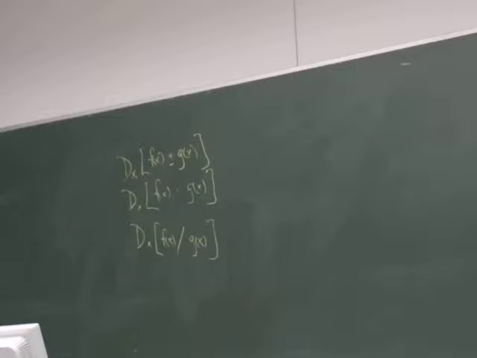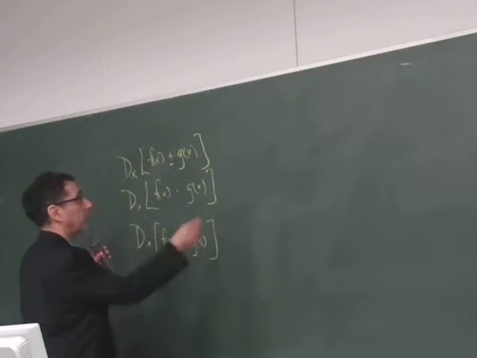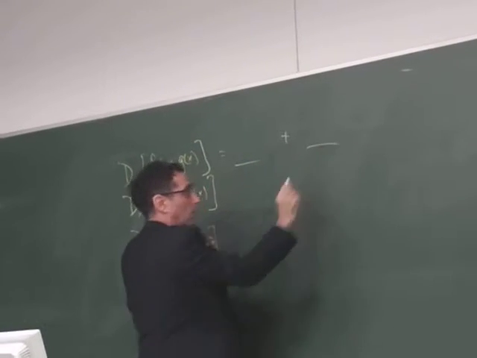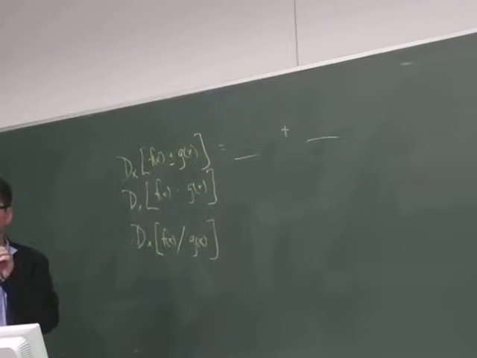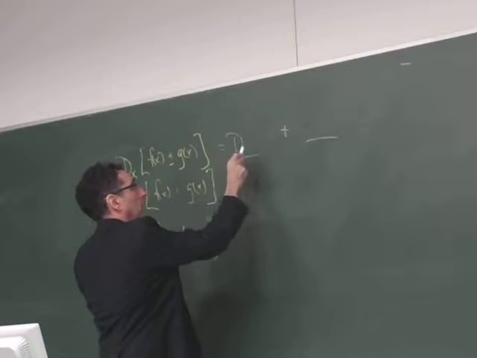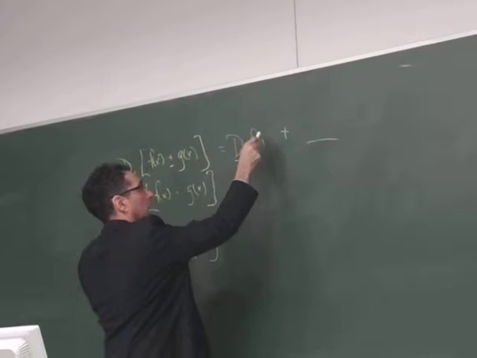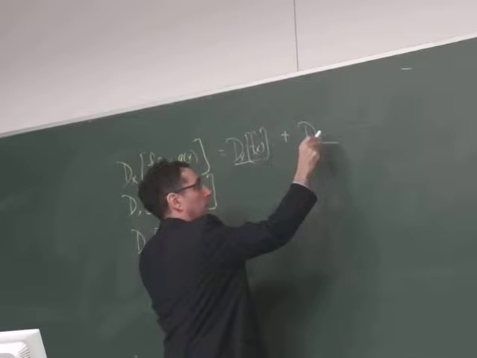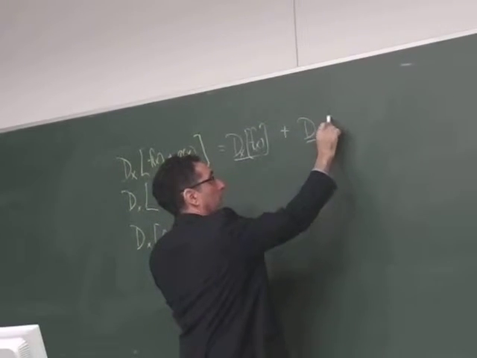What's the first rule? What goes in each place? First, derivative of first. The derivative of the first one plus the derivative of the second one.